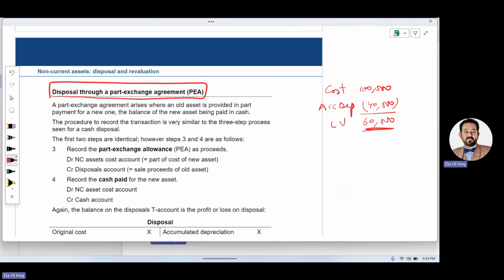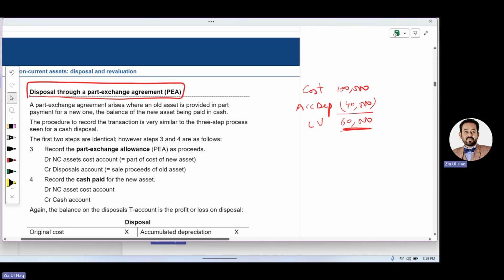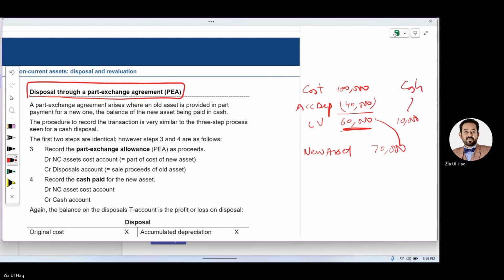Now we are exchanging this asset of 60,000 with a new asset, and the new asset value is say 70,000. So what's the difference between these two? 10,000. We will pay 10,000 cash. Now the new asset value will be 70,000.